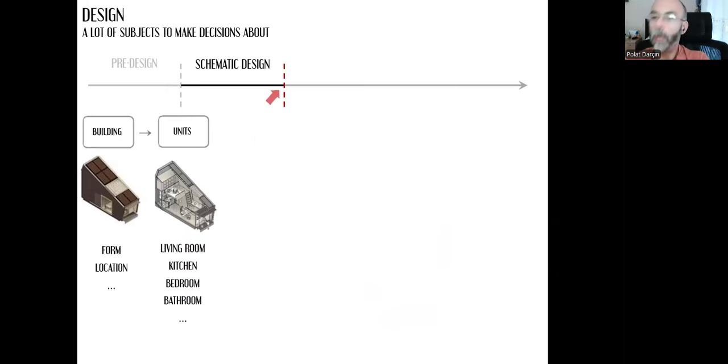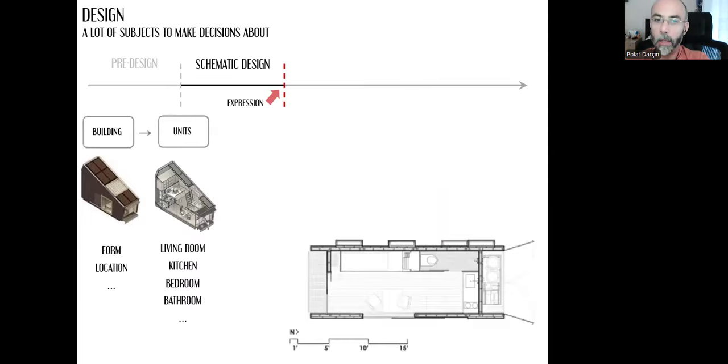We need to express all of our decisions mostly to the user, so that they can understand what we are thinking. And for this expression, we can use plans and sections.